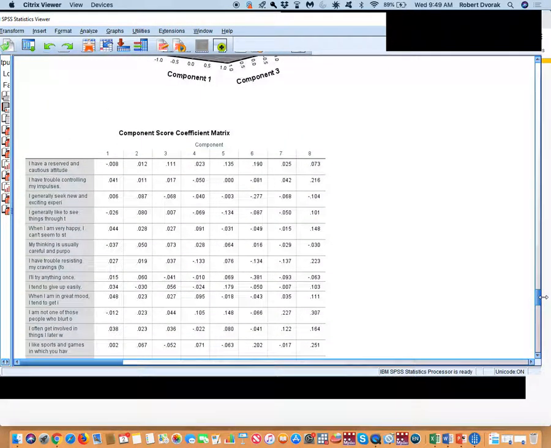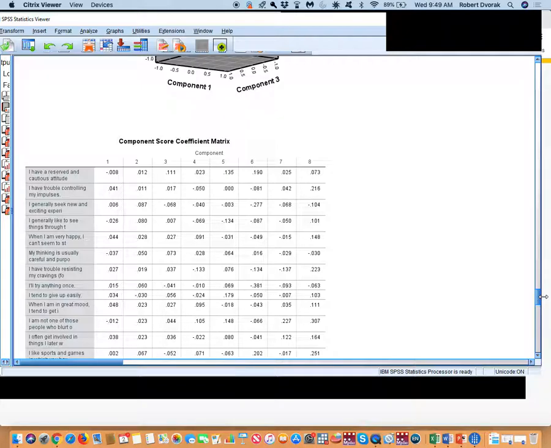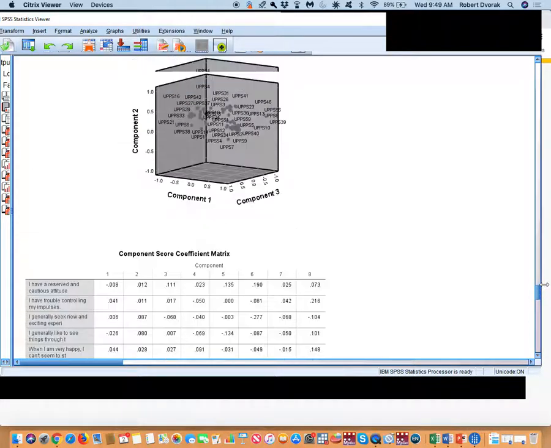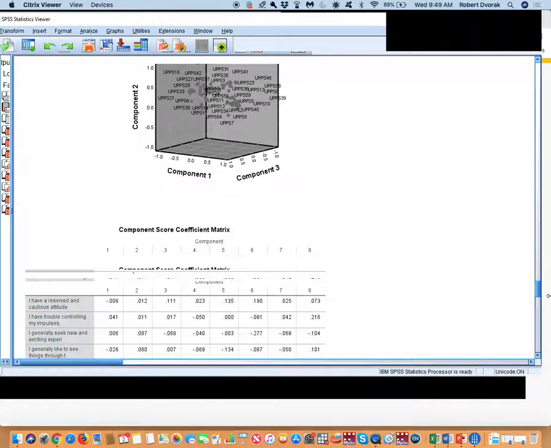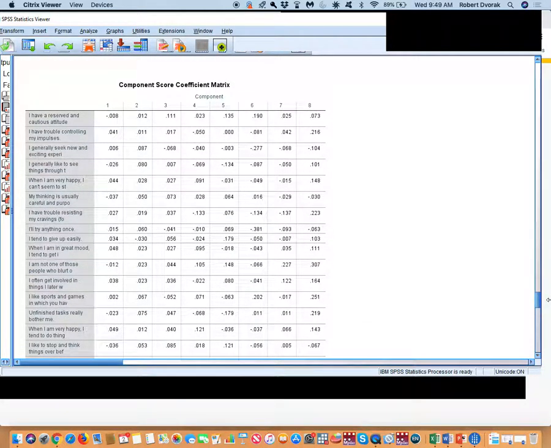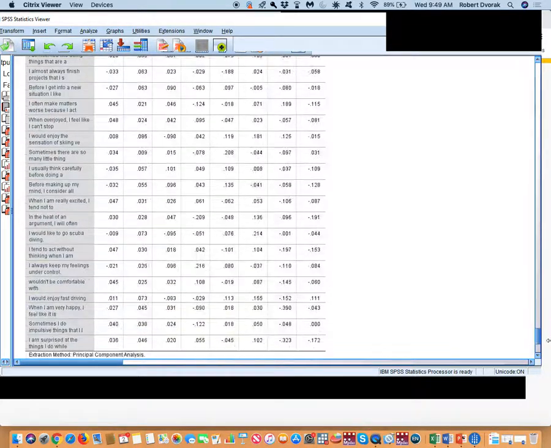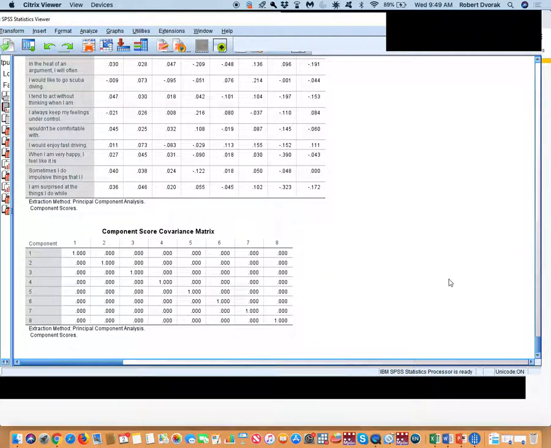Component score coefficient matrix. This is very similar to the coefficient matrix that we saw up here. These are the actual standardized coefficients, though, and the one above that is unstandardized coefficients. And that is basically it. Component score covariance matrix. I don't know what that one is, to be perfectly honest.